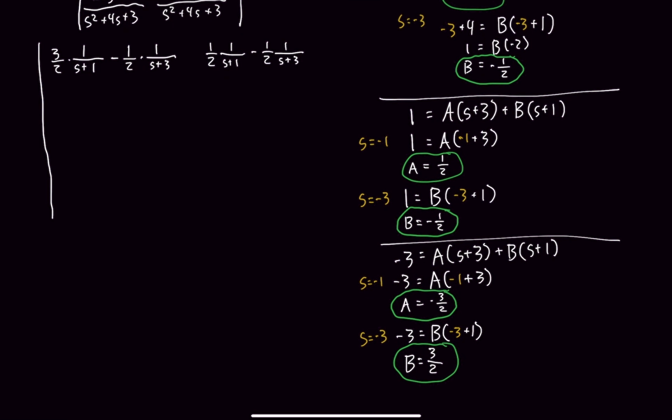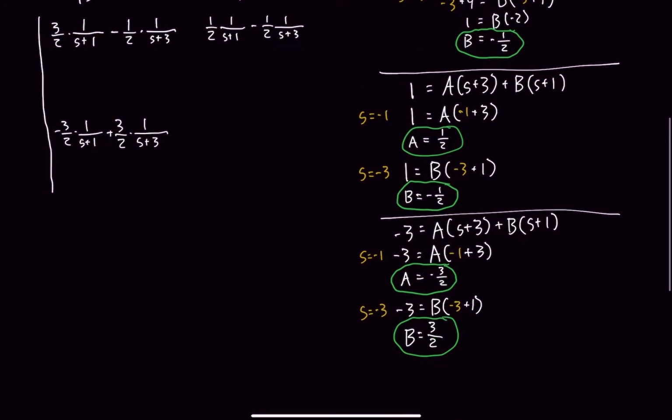Let's go ahead and write this in for us: negative 3 over 2 times 1 over s plus 1, plus 3 over 2 times 1 over s plus 3.